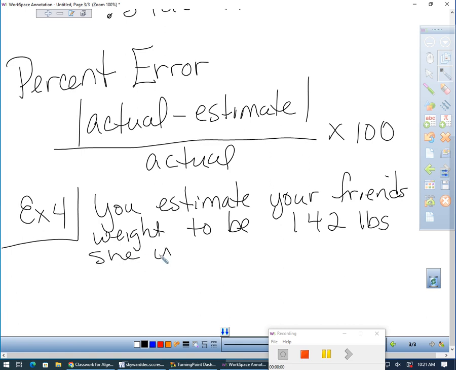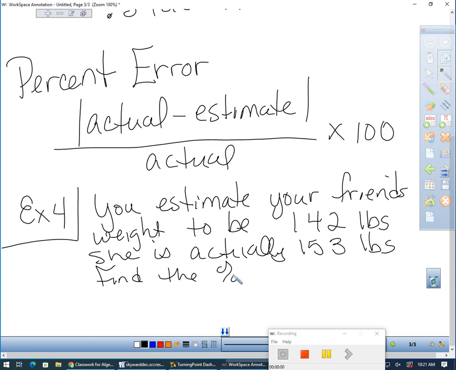She is actually 153 pounds. Find the percent error.